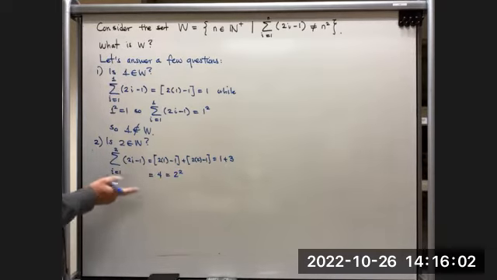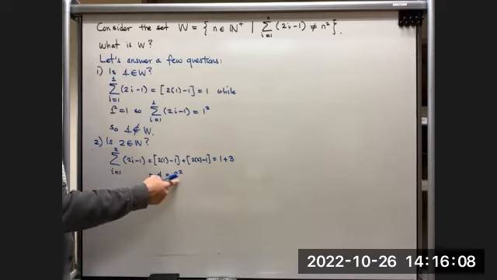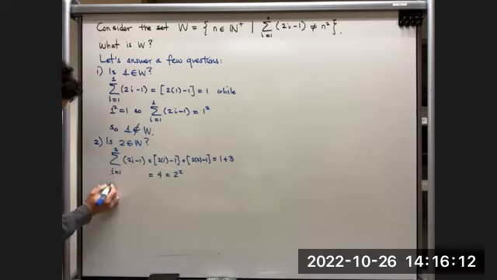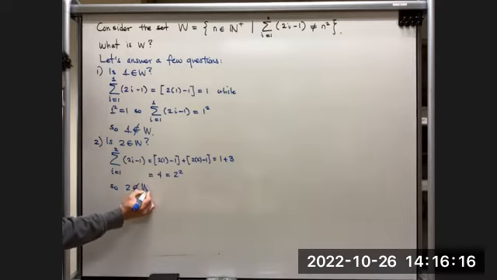So once again, this is equal to that. So this sum is equal to the square of the number of terms that it has. So nope, 2 is not a member of W.